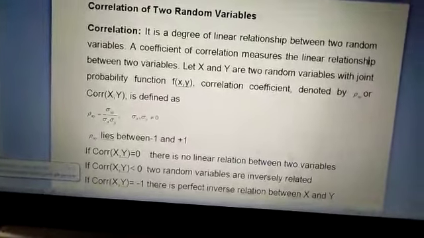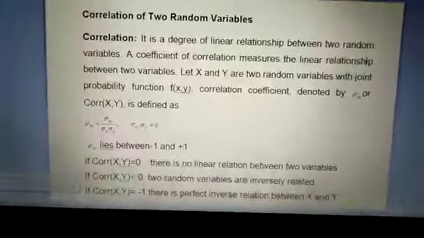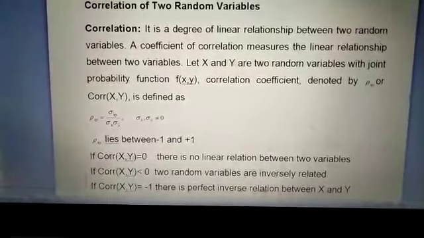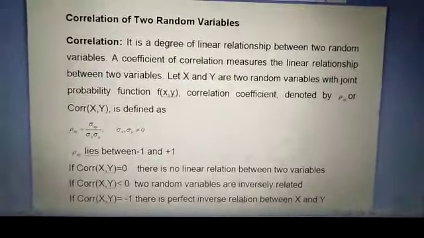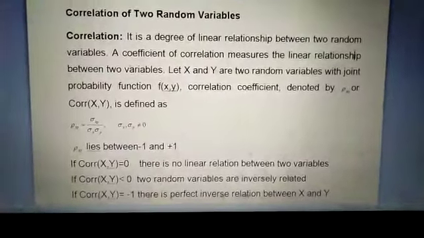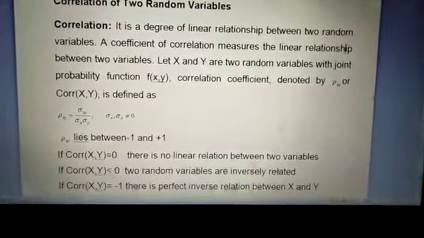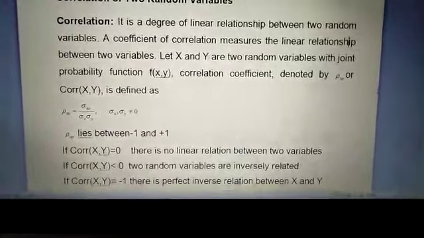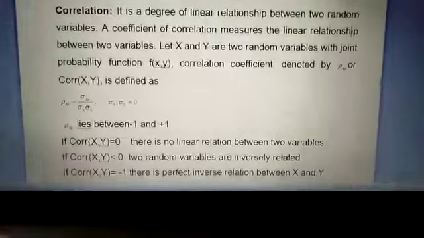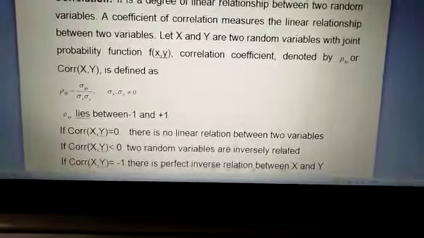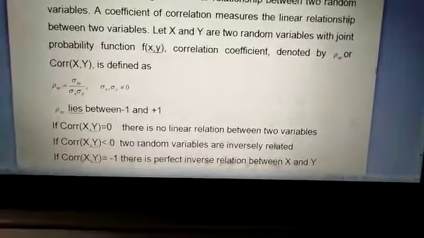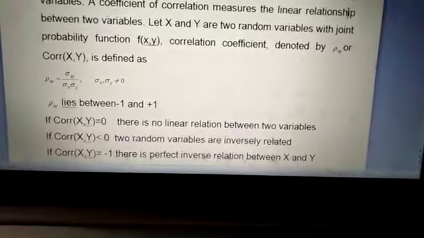The value of the coefficient of correlation lies between -1 and +1. If the value of the coefficient of correlation is equal to 0, we say that there is no linear relationship between the two random variables x and y. If the correlation coefficient is less than 0, the two random variables are inversely related.